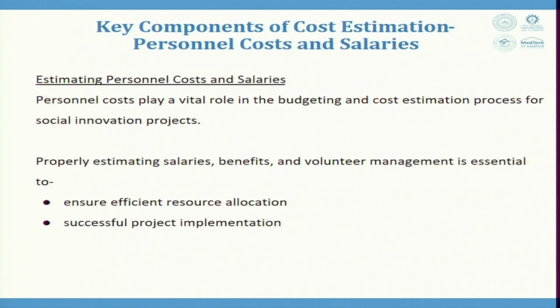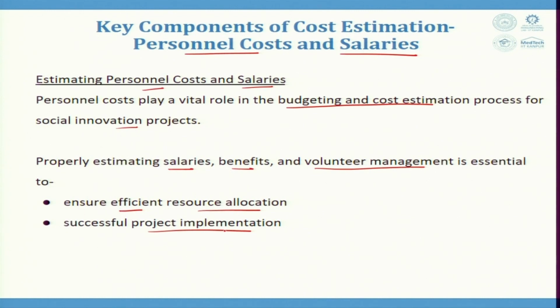Now, key components of the cost estimation, when we talk about personnel cost and salaries. Estimating personnel cost and salaries is part of the budgeting and cost estimation for social innovation projects, where we try to estimate the salaries, benefits and volunteer management in order to have efficient resource allocation and successful project implementation.